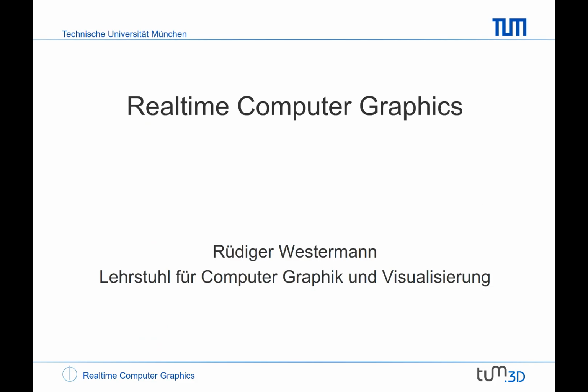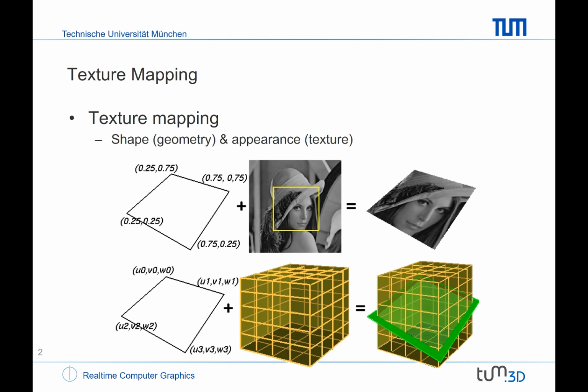So, ladies and gentlemen, let's come back to texture mapping. We all know by now what texture mapping means and how it is performed. What texture mapping essentially does is we take a piece of geometry, a quadrilateral as here, or probably two triangles.